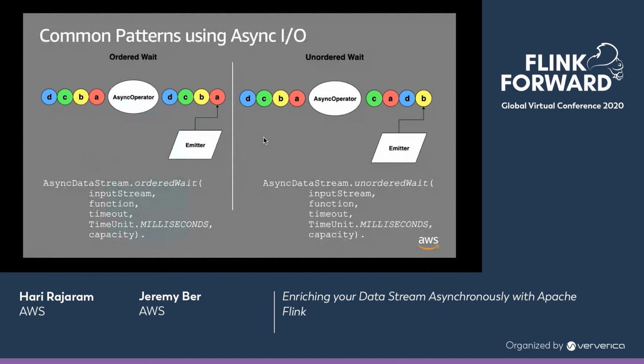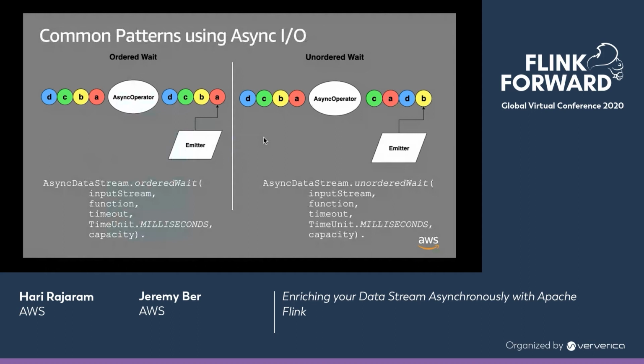Let's say your async API gave the result quickly for B, right? A came a little bit late. But in this point of time, the emitter doesn't wait. Whenever it gets a result back from the API, the emitter will output the data to the next operator or to the next stream record. So that's the unordered wait. Basically, it doesn't worry about the sequence of when the data came in. It just emits whenever it gets a result back. So that's what unordered wait is.